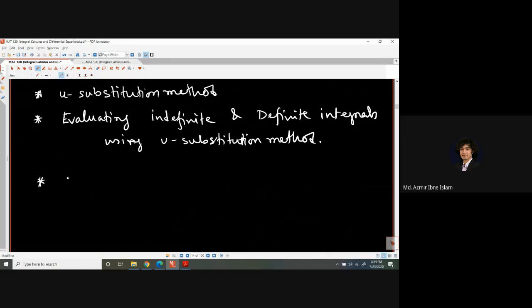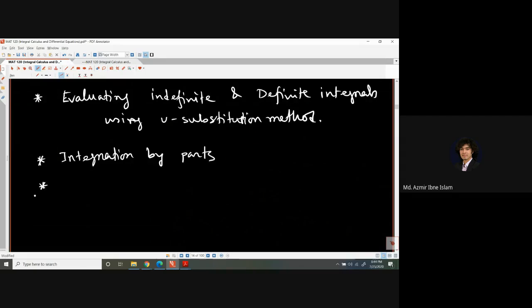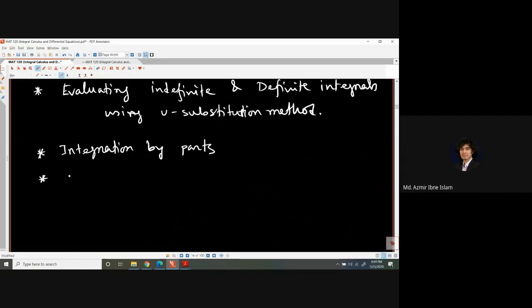Then we have to know what integration by parts is. Then our focus will be on integrating trigonometric functions.